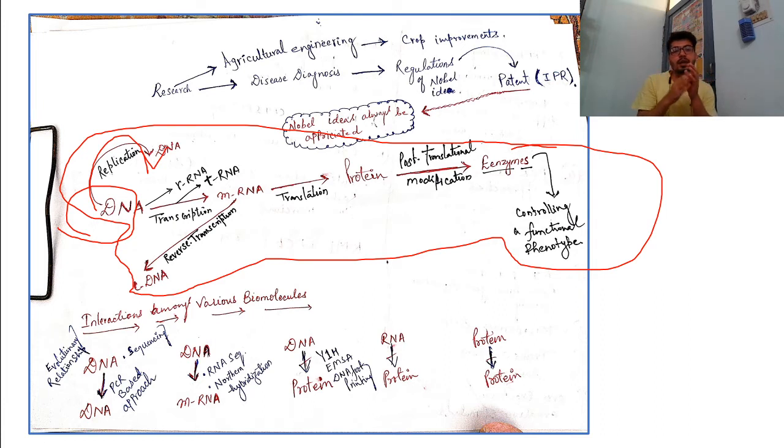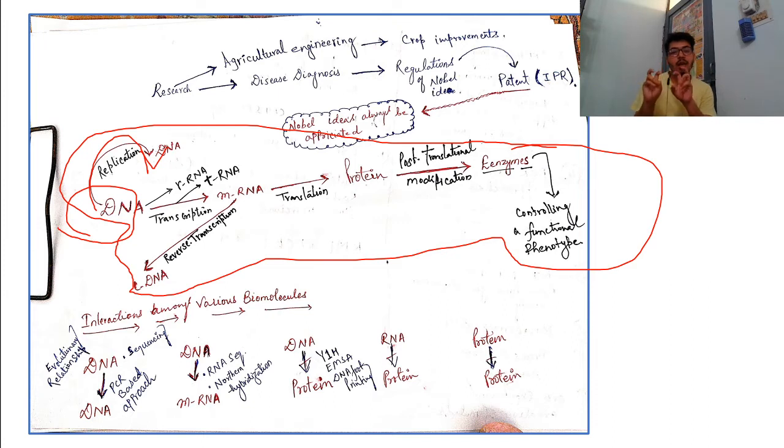And transfer RNA is again very important for protein synthesis. I am not going to describe how tRNA is involved in protein synthesis, but these RNAs are also very important for study. DNA gives rise to messenger RNA by transcription, because messenger RNA is going to give rise to protein; no other RNA will give you a protein.